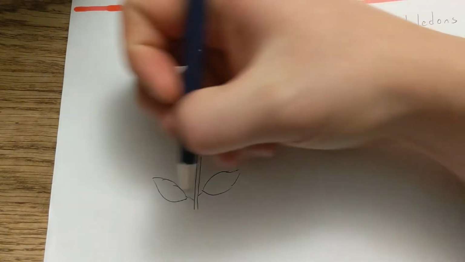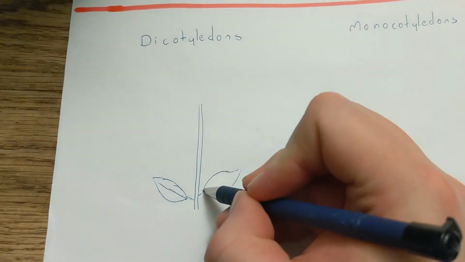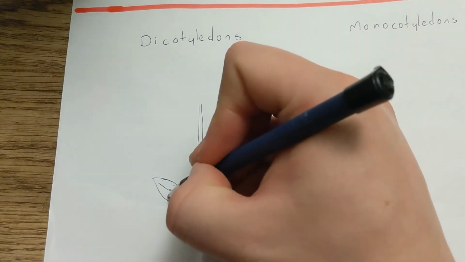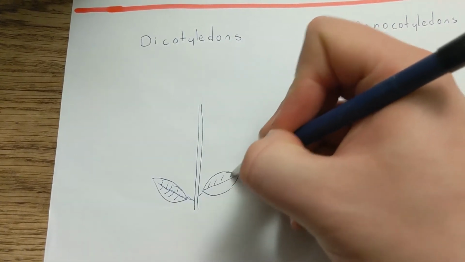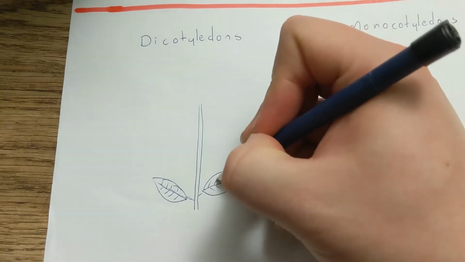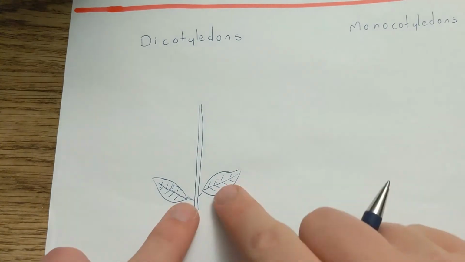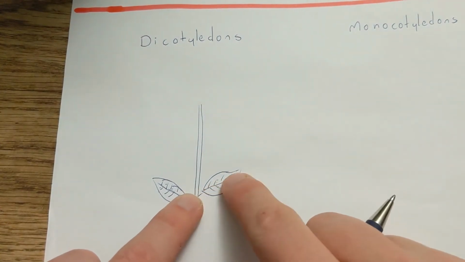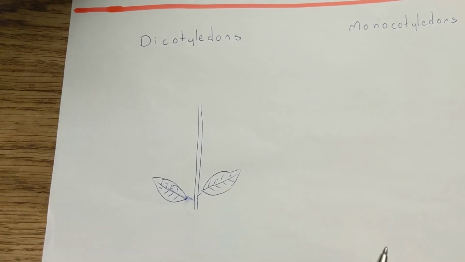And then remember what those leaves looked like on the one I had. We've got a vein going up the middle like this, but we've got lots coming off to the side like this. Maybe even some more little ones off in here as well. But the main important bit is going up the middle with then things coming off on each side.